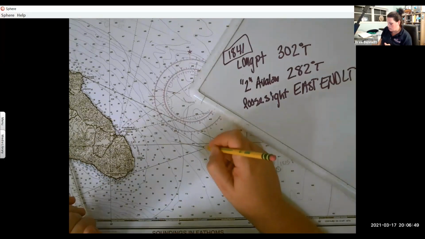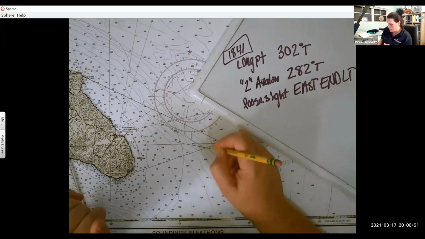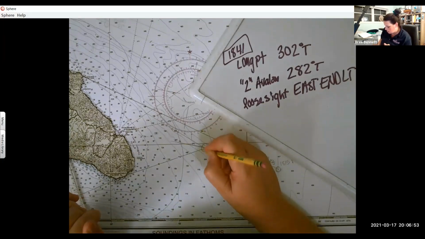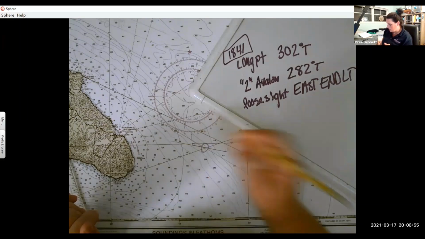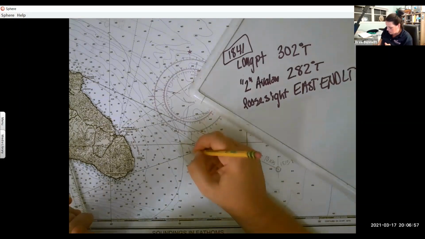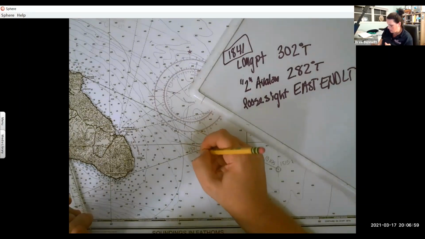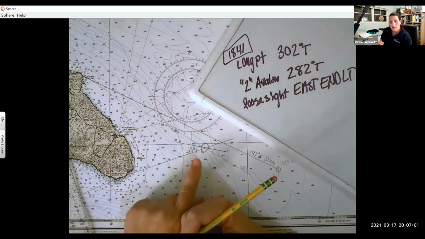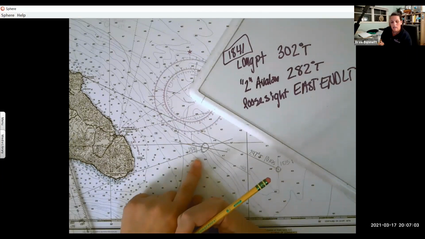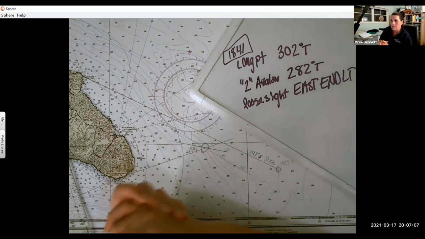So we have these 3 lines crossing right here at 1841. Everyone get an 1841 fix? Get your lines to cross? Maybe?